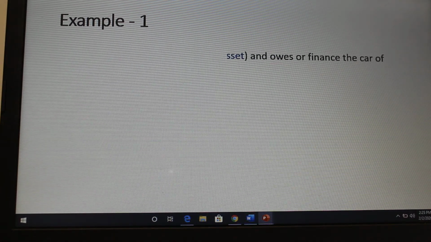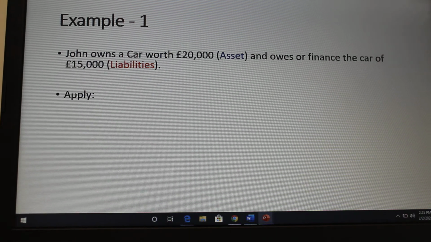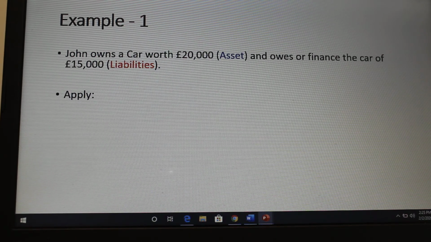Now let's look at the example. Let's say we have this person, John, who owns a car worth 20,000, but he owes or has on finance a liability element of 15,000. So the asset is 20,000, which is the car, but he owes 15,000.